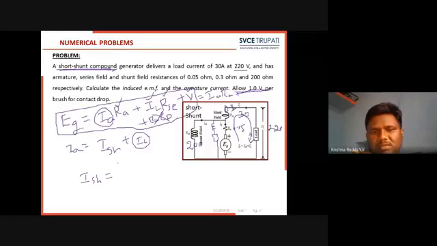Means it is V plus IL into RSC divided by RSS. Have you got it?